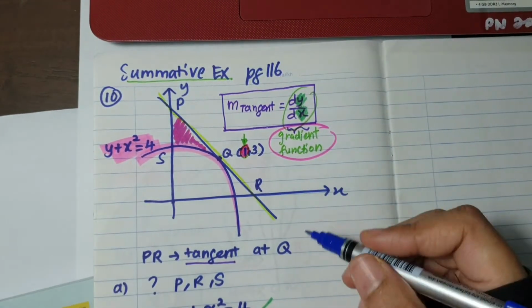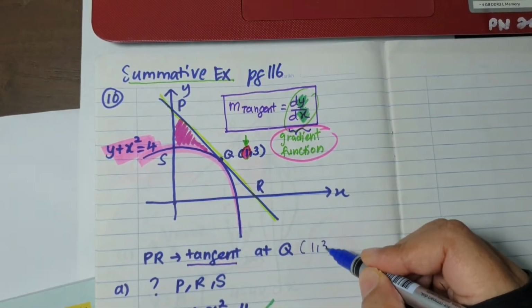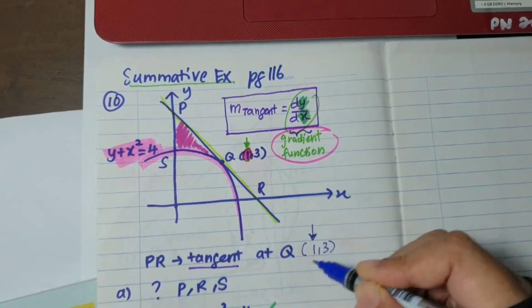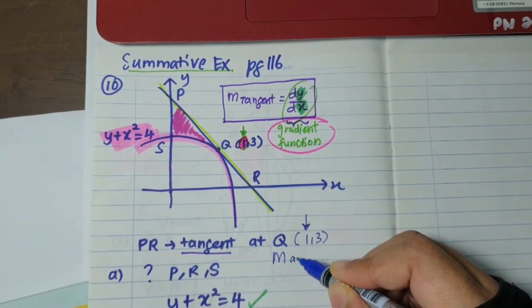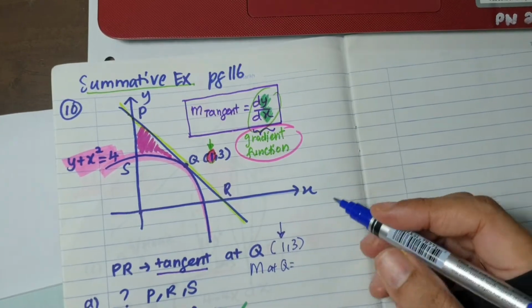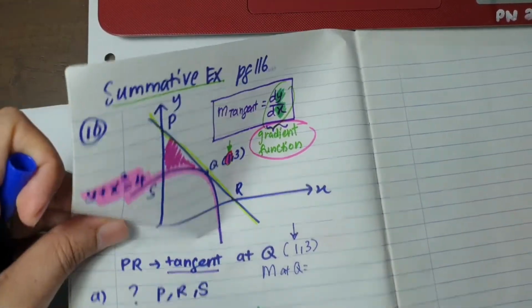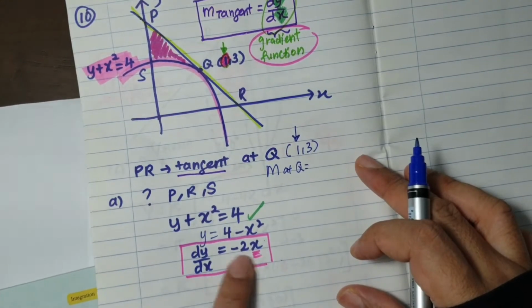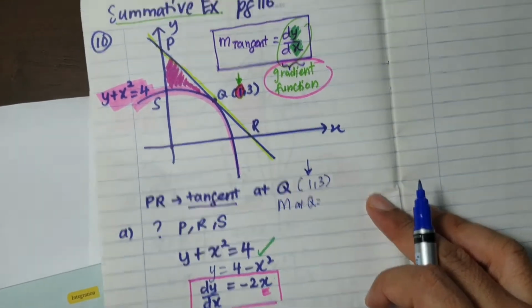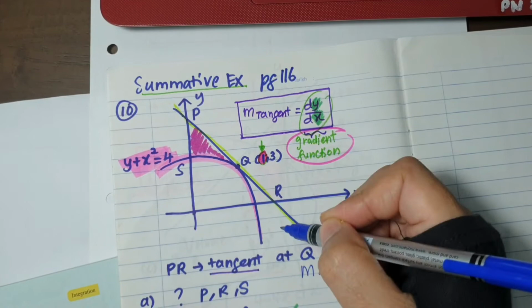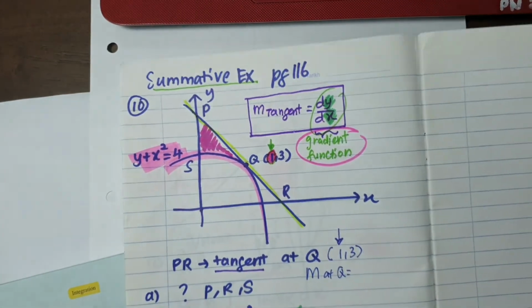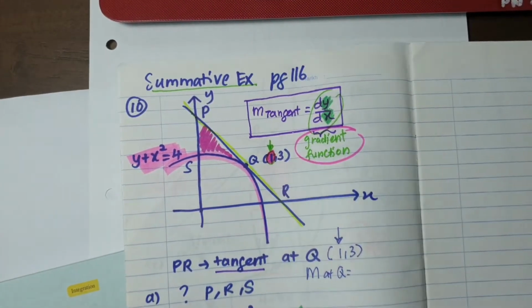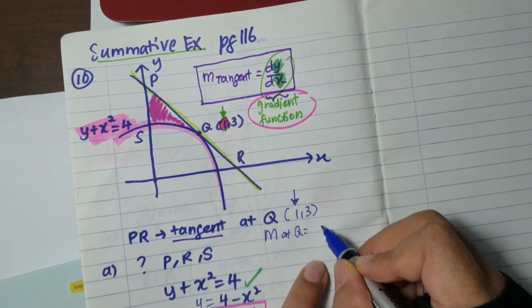So at Q, the coordinate is (1, 3). The gradient at Q: you take this function, because this is the gradient function of the curve. To find the value of the gradient at point Q, you just substitute the x coordinate.